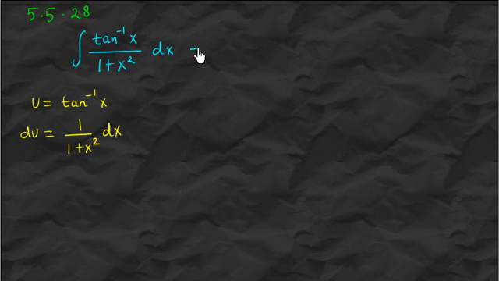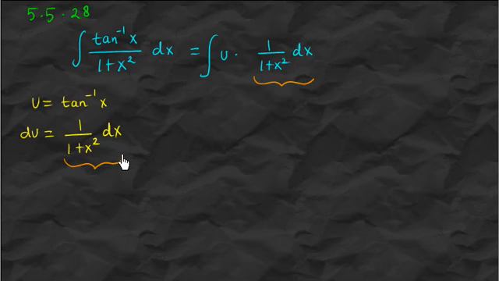We have the integral of arctangent of x, which is our u, and the rest is 1 over (1 + x squared) dx. But 1 over (1 + x squared) dx is exactly du.